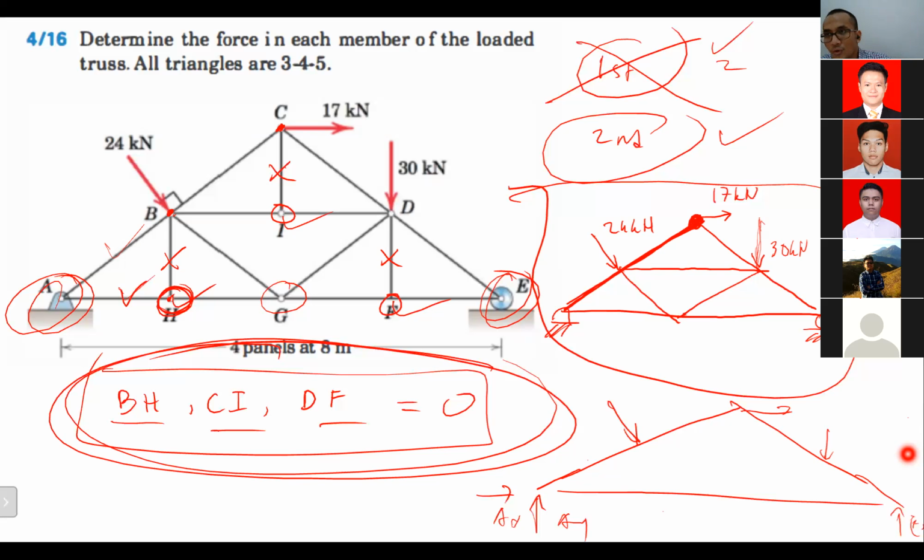We cannot solve for more than two unknowns because we only have sigma Fy equal to 0 and sigma Fx equal to 0. We don't have sigma moment because it's a joint. Do you get it? Yes, sir. Okay.